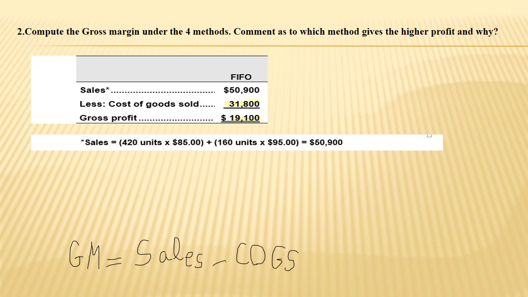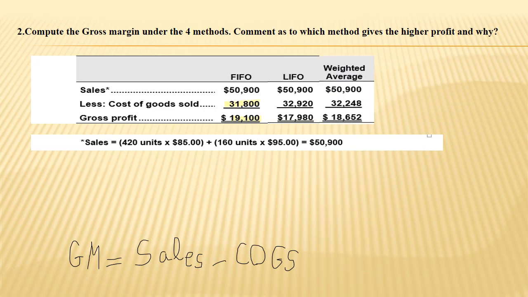gross profit. Under LIFO, I have the same sales, less the cost of goods sold that I already calculated in the previous slides, which gives us $32,920. This gives a gross profit of $17,980.